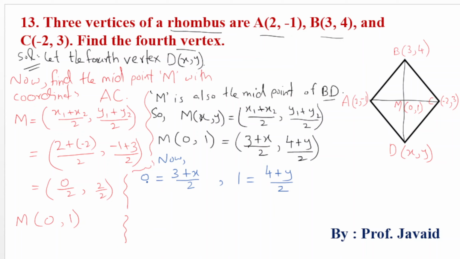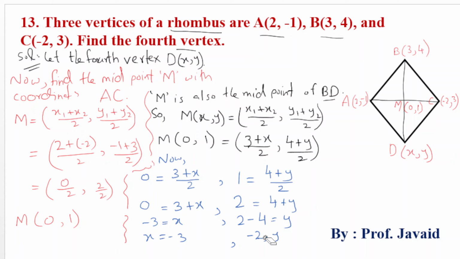The 2 is multiplied across, so 0 multiplied by 2 is 0, and 3 plus x equals 0. Now transfer 3 to the other side, it becomes negative, so x equals negative 3. Now for y, 2 ones are 2, so 2 equals 4 plus y. Then 4 comes over here and becomes negative, so negative 2 equals y, or y equals negative 2.